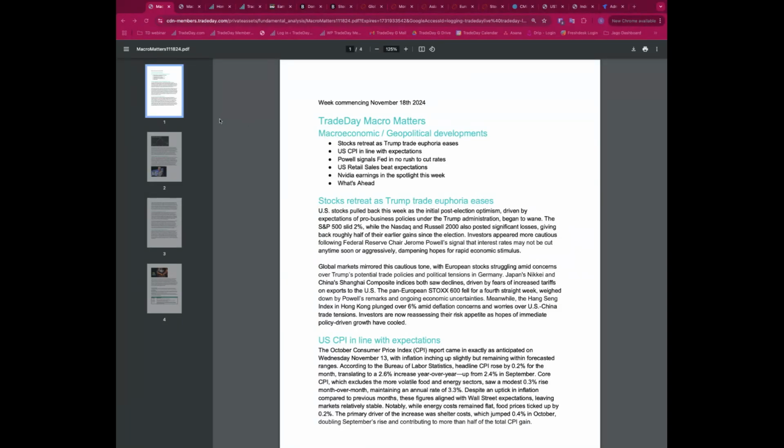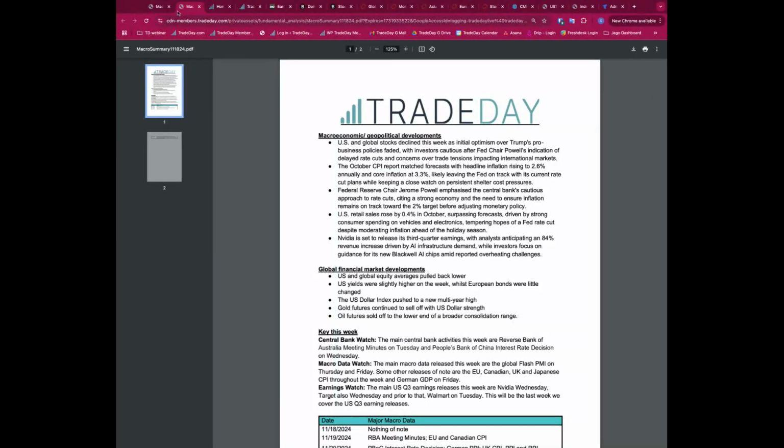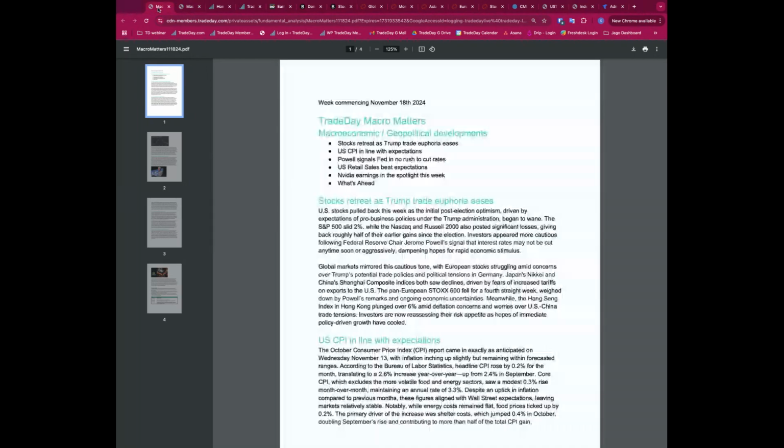So let's kick off. We're going to go through the macro matters summary. Now, these are, if you don't know, in the three columns below where you're watching this, whether you're watching this live or on the recording, on YouTube, or in the Trade Day members area below where this streams live. The left-hand column is technical analysis, we'll come to that shortly.